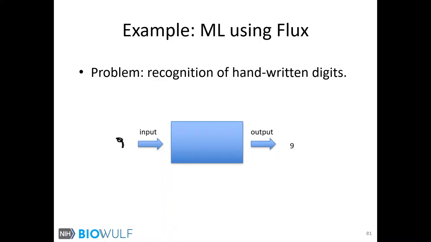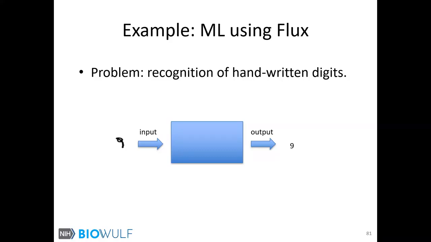This blue box is a script that has to look at that image of the number and categorize it as the correct number. In this case, you see on the left there's a handwritten 9, or what looks like a 9, and so this should correspond to the actual number 9, or to the category 9.